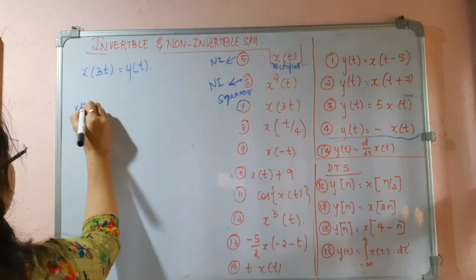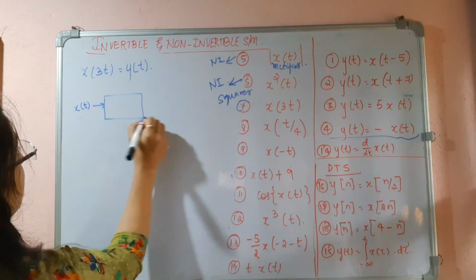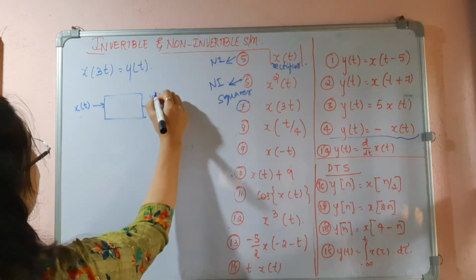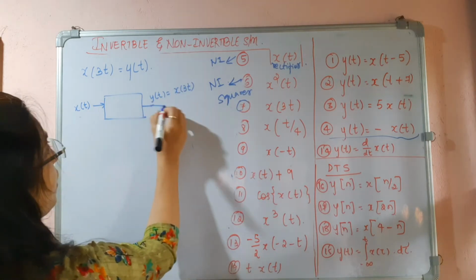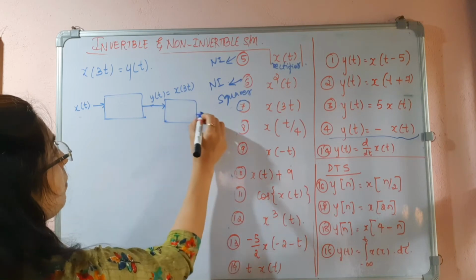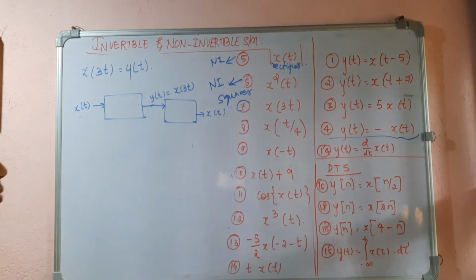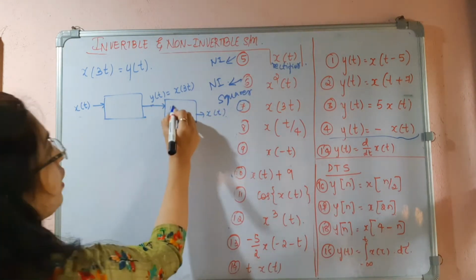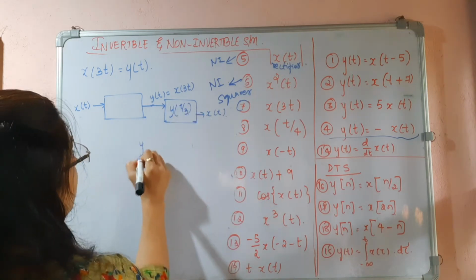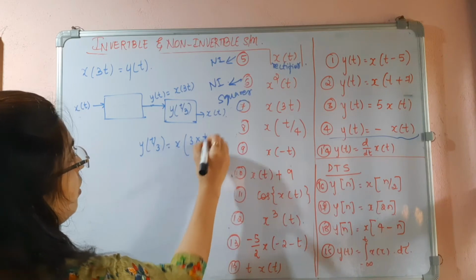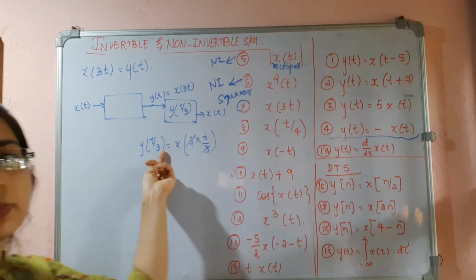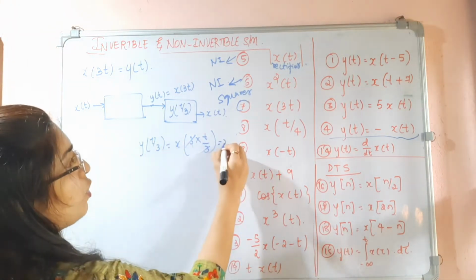So x of t is given as the input to the system, and I am getting y of t equal to x of 3t. Now to get back the signal x of t, it should be y of t by 3. y of t by 3 is nothing but x of 3 into t by 3, where t is replaced by t by 3. So I am getting x of t.